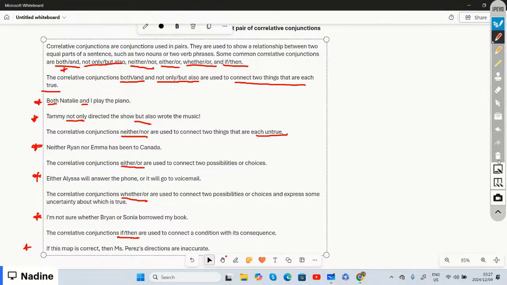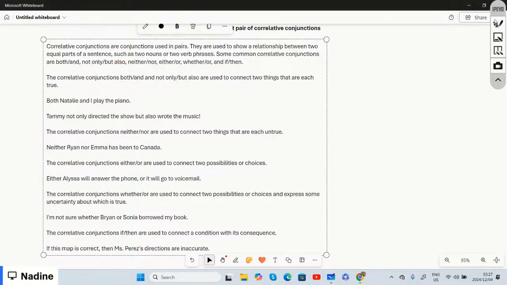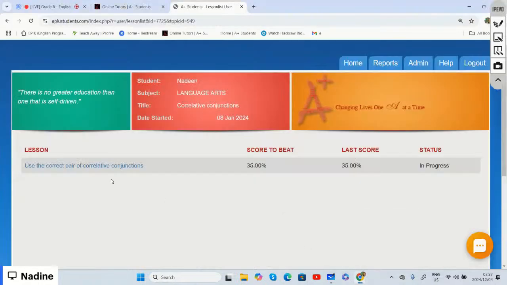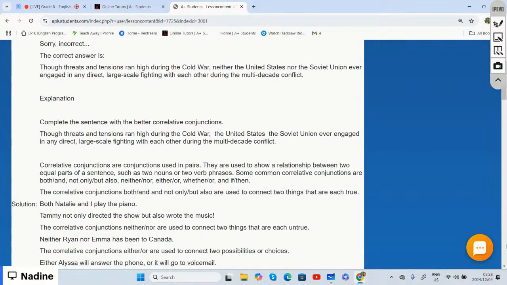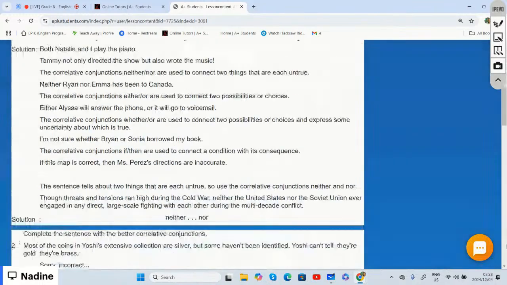All right, so now we're going to practice. We're going to use the correct correlative pair, or pair of correlative conjunctions.